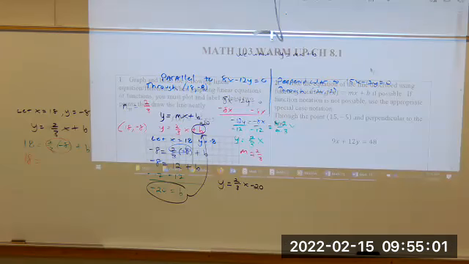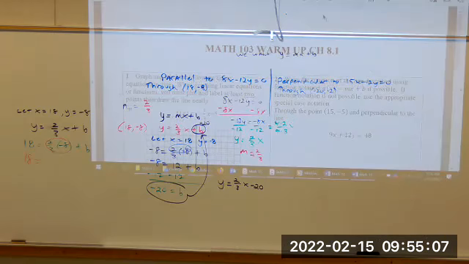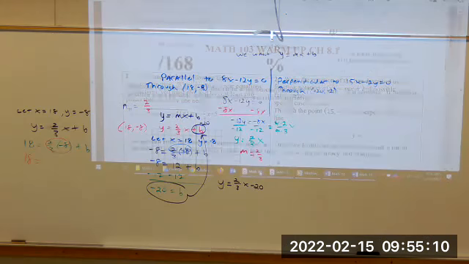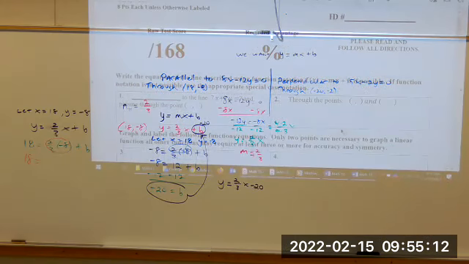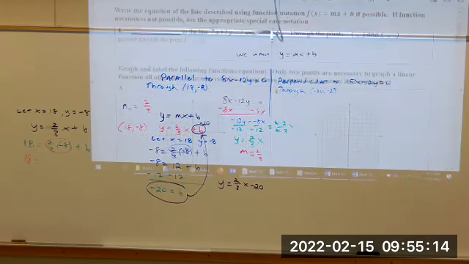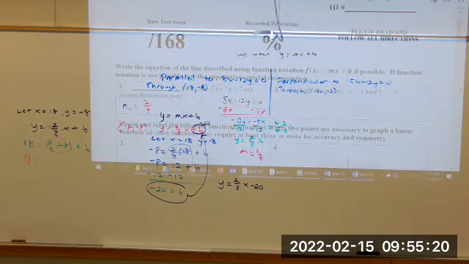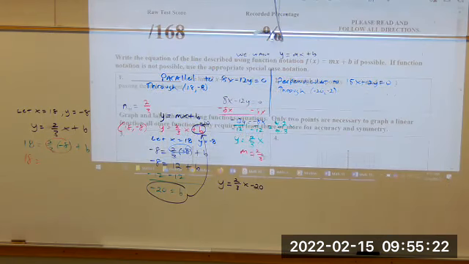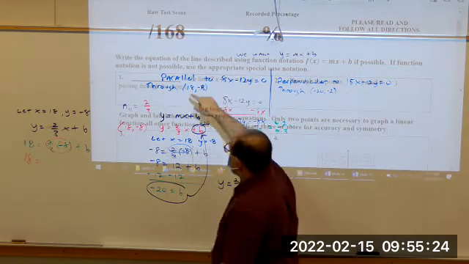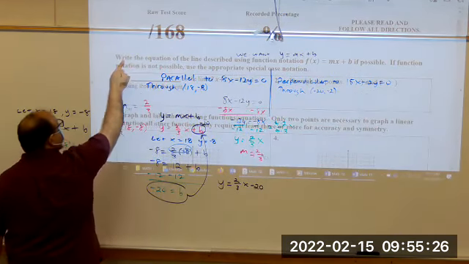Here's the warm-up. Well, let me just show you on the test. Right here on the test. Here we go. So here are the directions on the test, here are the directions on your quiz on Thursday.